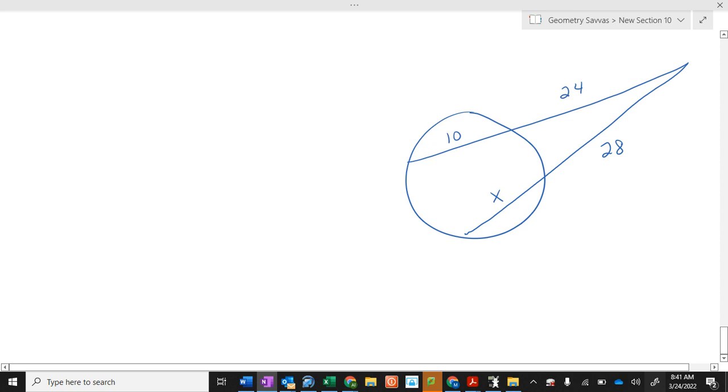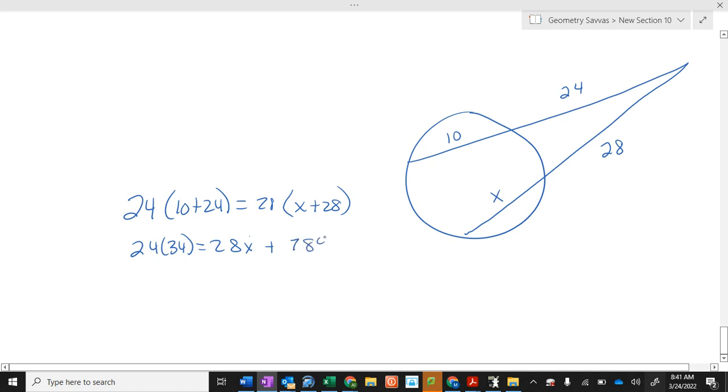How do we do these? Outside times the whole thing equals the outside times the whole thing. So 24 times 34 equals 28x plus whatever 28 times 28 is. 784.